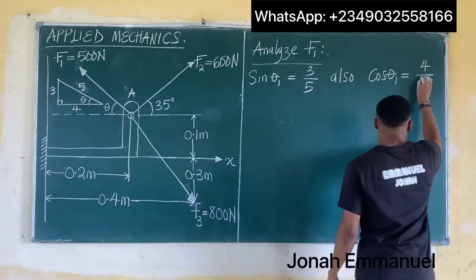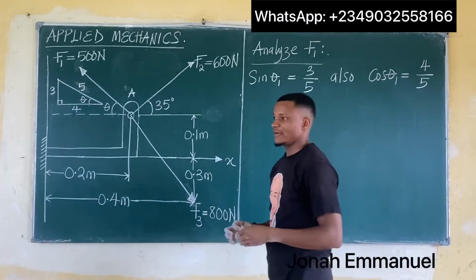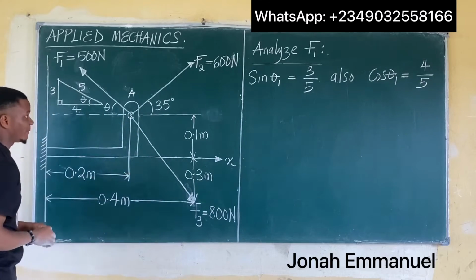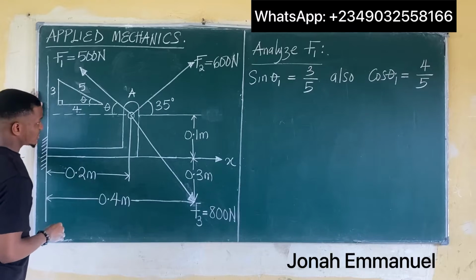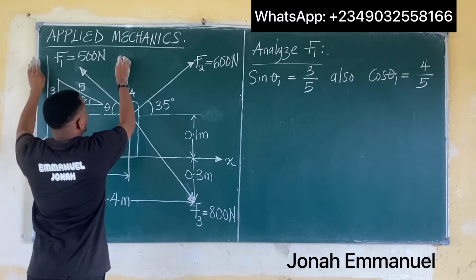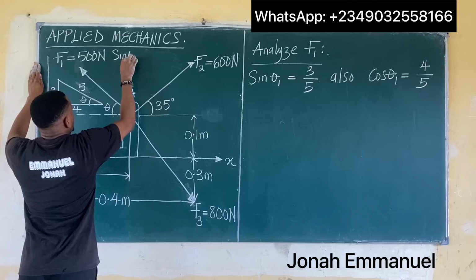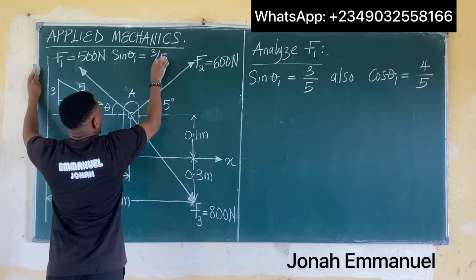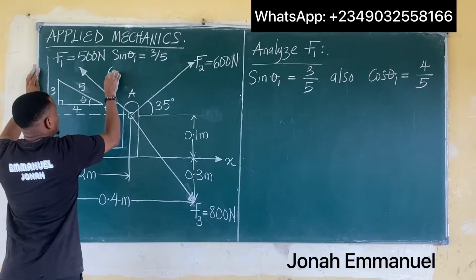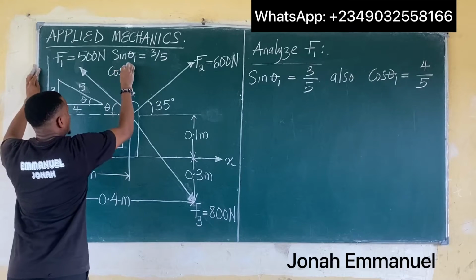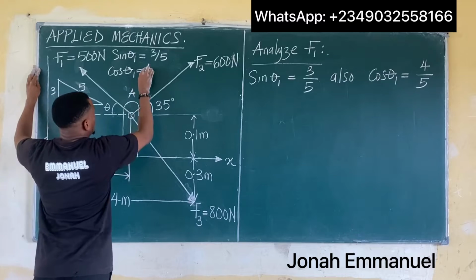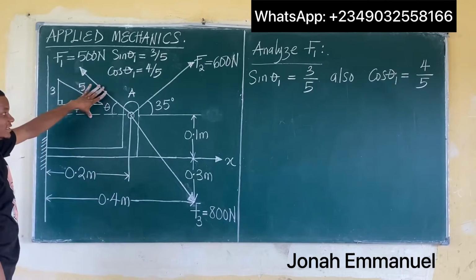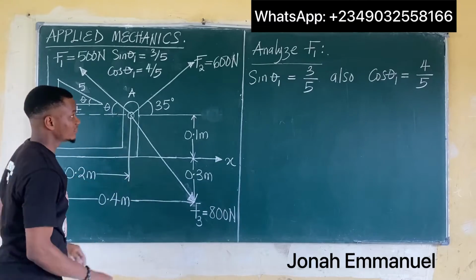So with this, I've got the value of sine theta 1 and cos theta 1. Let's note this down: sine theta 1 is equal to 3 over 5 and cos theta 1 is equal to 4 over 5. Alright, so we are done analyzing this. Let's now analyze F3.